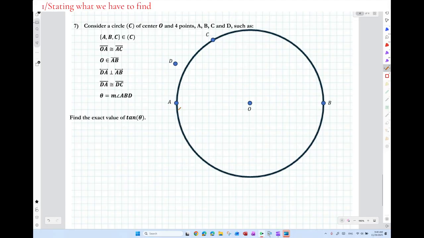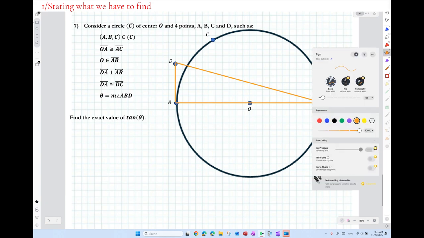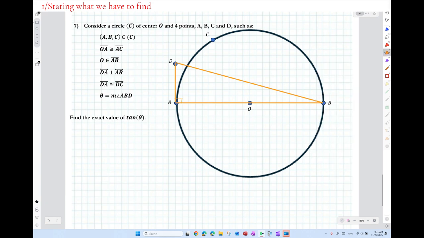I'm going to focus on this triangle right there, ABD, knowing that this triangle here is a right angle, finding the tangent of theta.